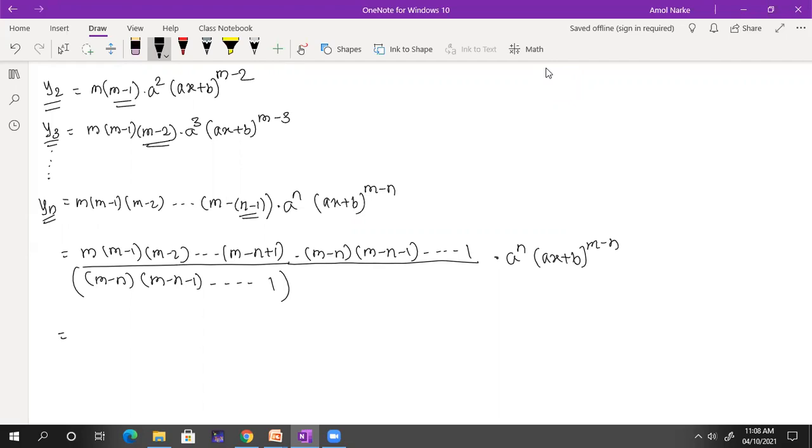So I am getting m factorial. Next, a raised to n into (ax plus b) raised to m minus n, divided by (m minus n) factorial. And here we assume that my value of m is greater than n.